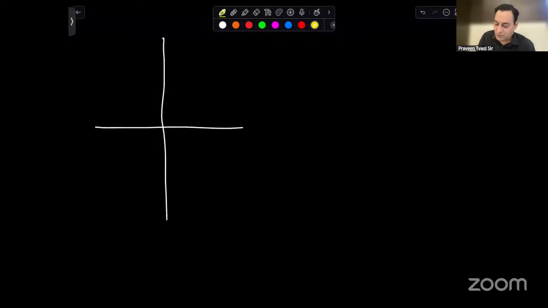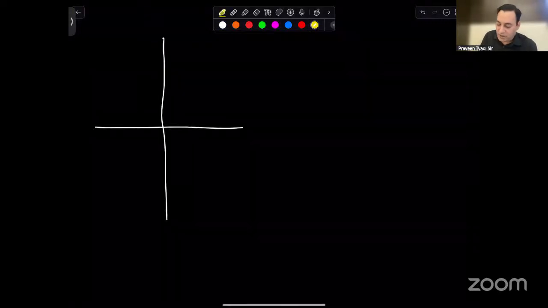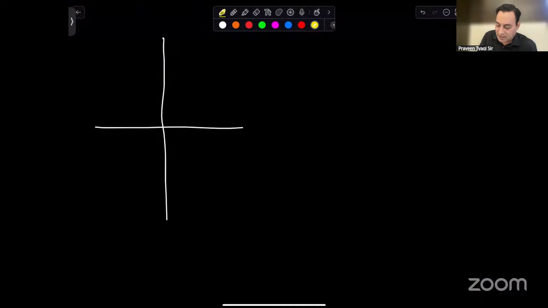Now, let me give you another question. Suppose this is the x-axis, this is the y-axis, and there is a man moving along the x-axis in this direction from the origin.